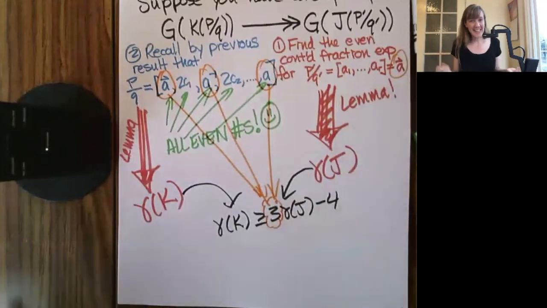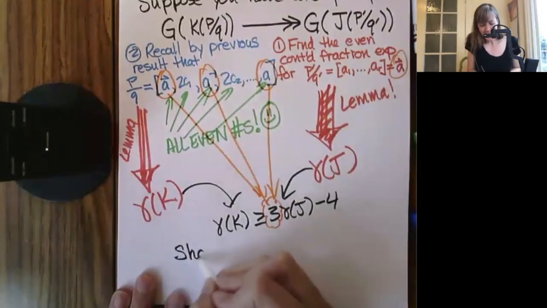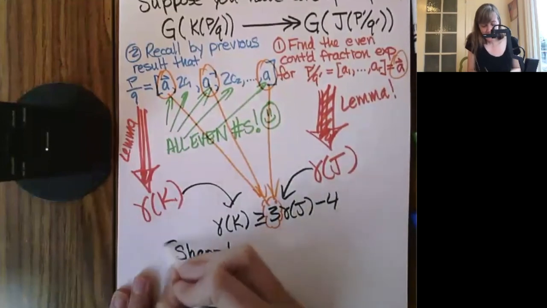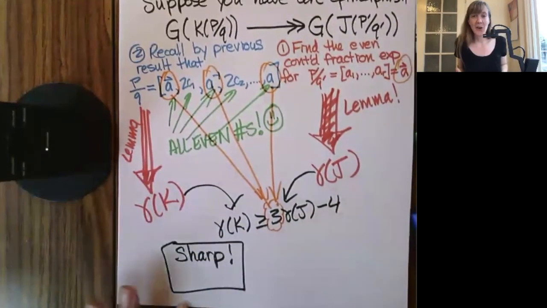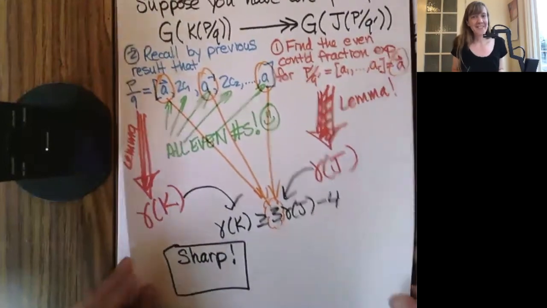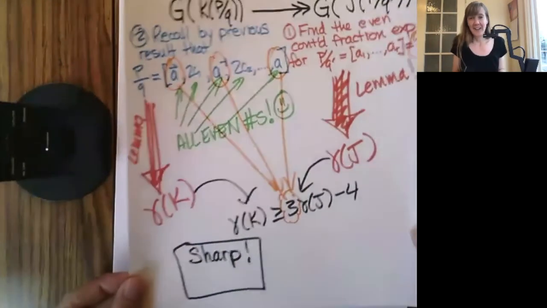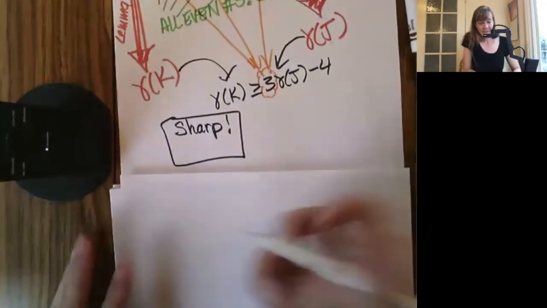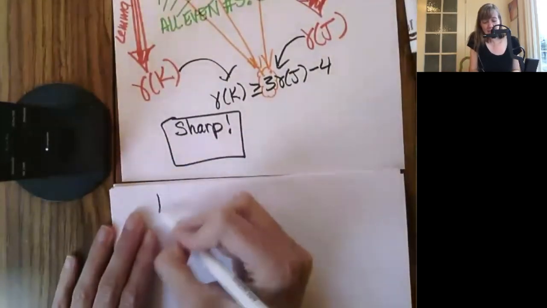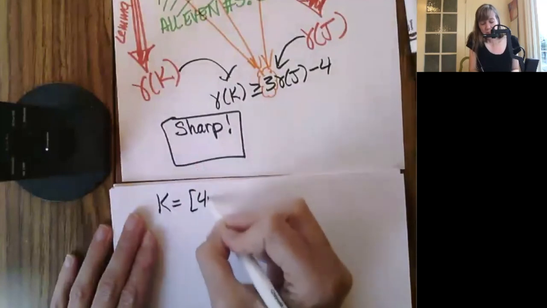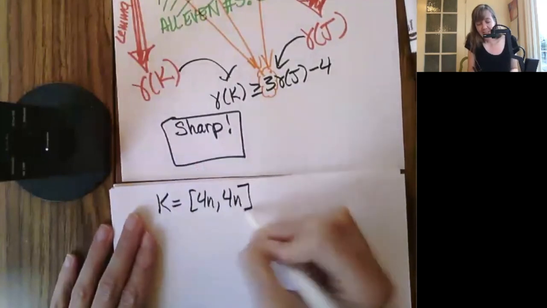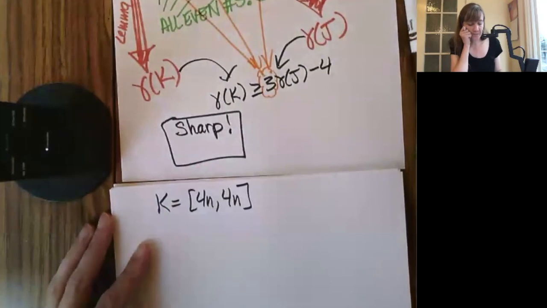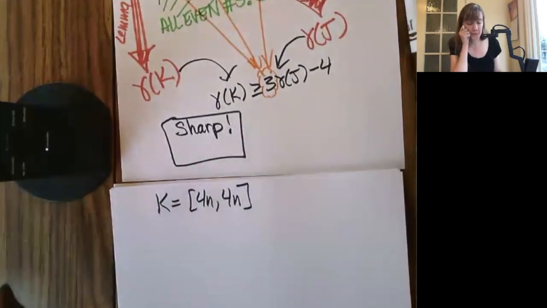All right, so like I said at the beginning, or I think I said it at the beginning, but if I didn't, I'll say it now. This inequality is sharp. We can give you an infinite family of examples where it's an equality, not an inequality. Let me do that for you now. You consider the 2-bridge knot corresponding to 4n as the continued fraction expansion, or draw the template for it too.